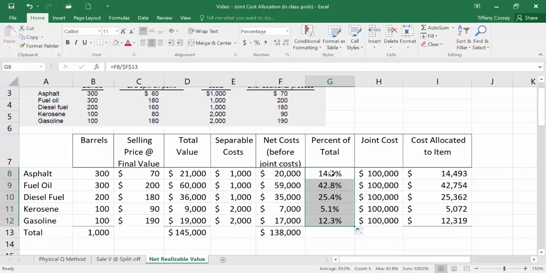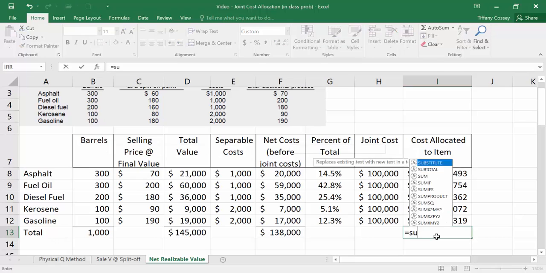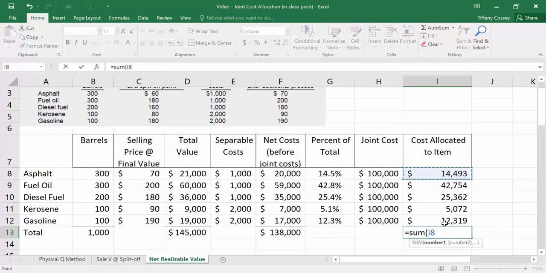And I take that percentage and I multiply it by my joint cost to get to the cost allocated. And again, the same final step, add all of my allocated costs to make sure that I'm getting to 100,000, which is what I was allocating out over here.